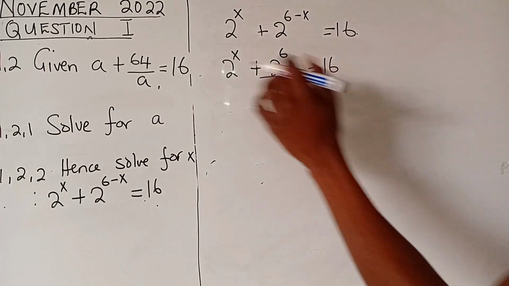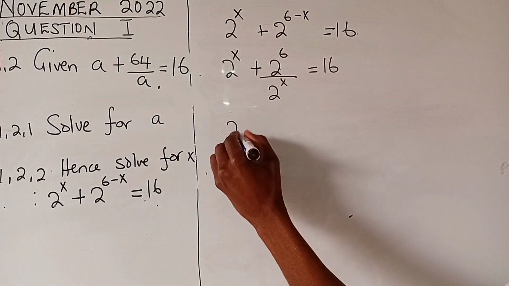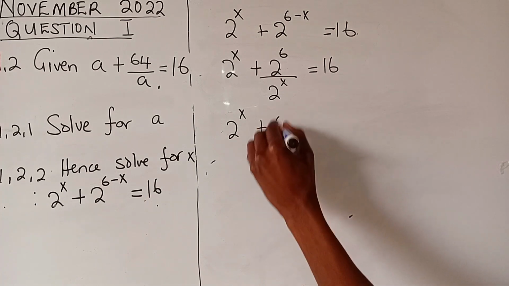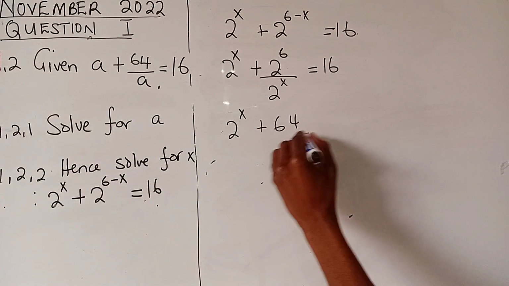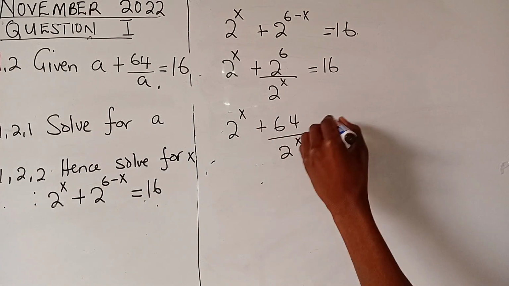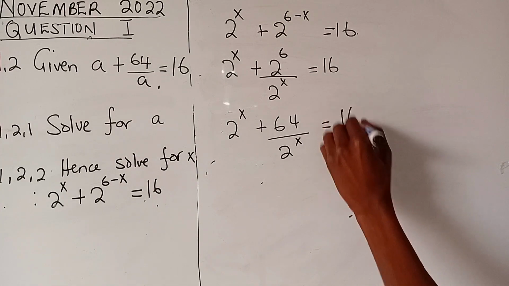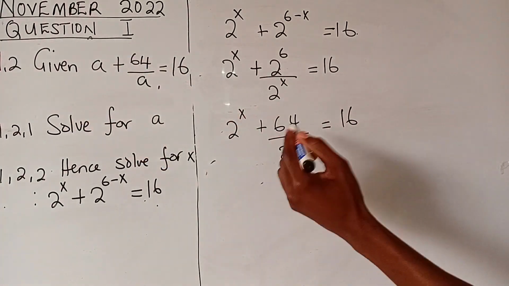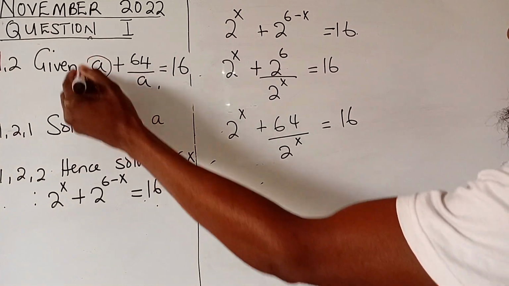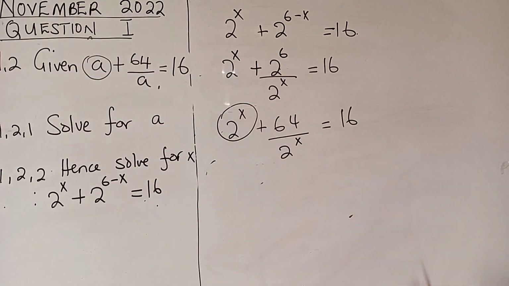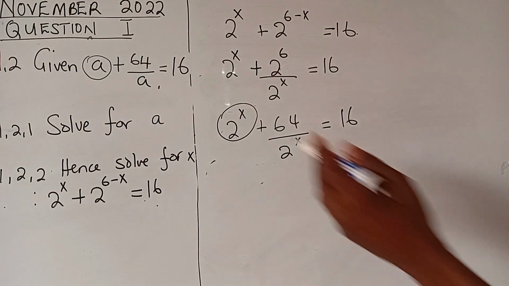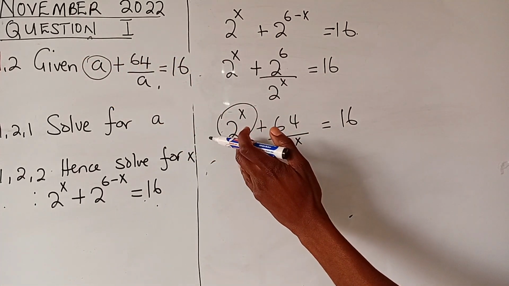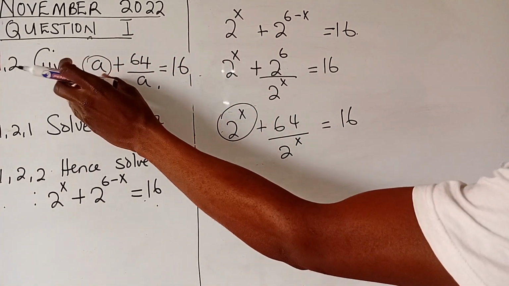Now, let's simplify. We have 2 to the power x plus 64 over 2 to the power x is equals to 16. So now when you look at this question and this one, they just replaced the a with the 2 to the power x, because they look the same, but a is just replaced with 2 to the power x, of which we got the value of a is 8 here.